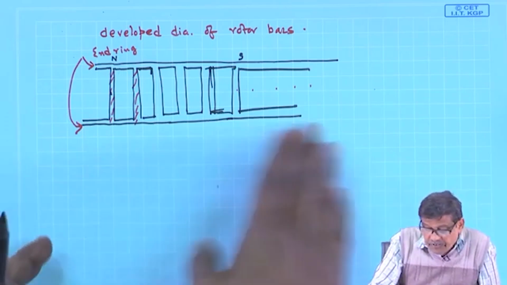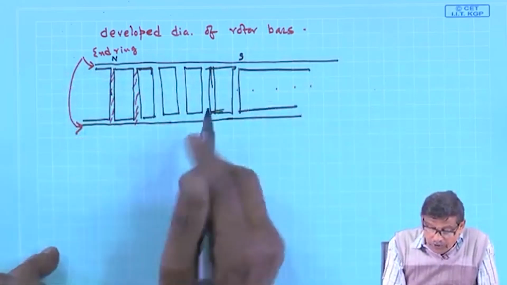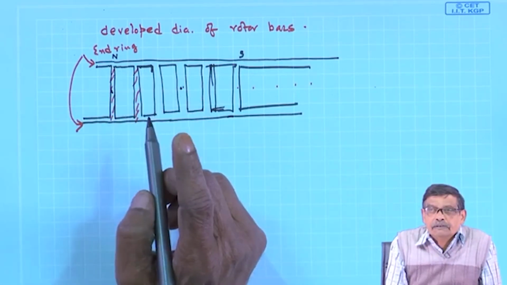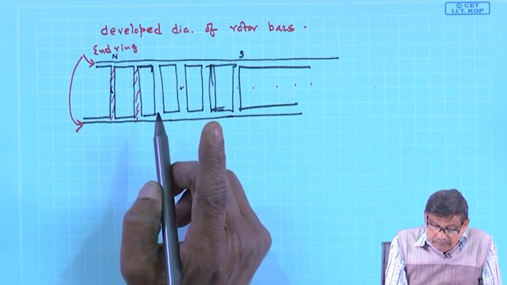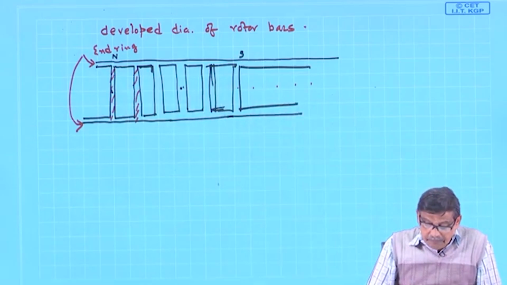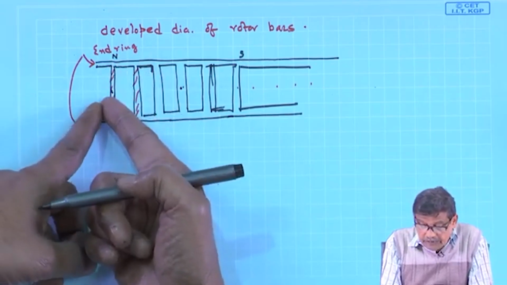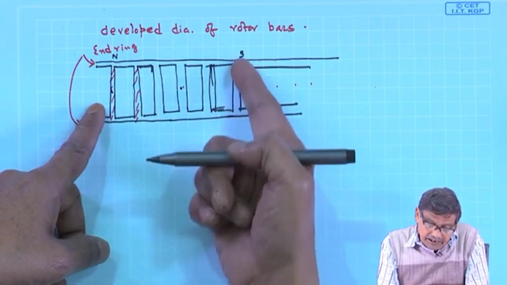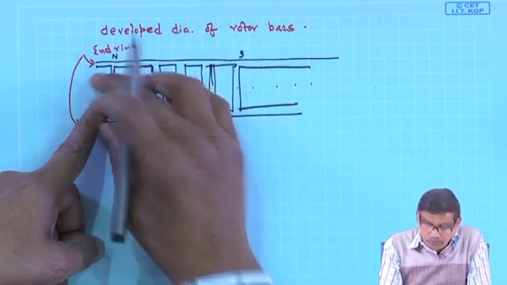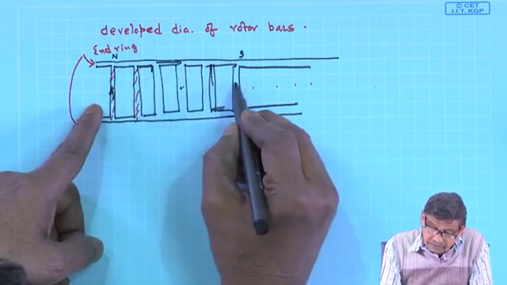But here, because all the coil ends are shorted, no one knows whether this fellow will act as return conductor of this fellow or not. It will be decided solely by the stator number of poles. If this is under the center of the north pole, you will find a bar exists which will be under the center of the south pole. Both of them will have the same induced voltage, additive voltage, and current will return like this.